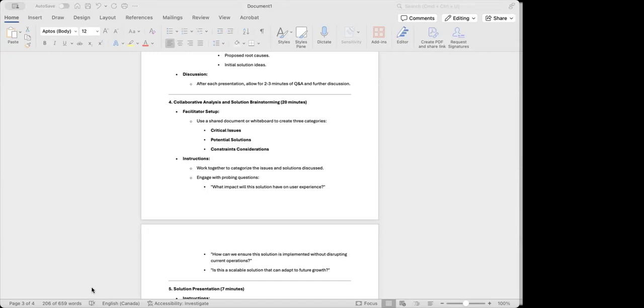And I think we have the last issue, which is the ineffective user interface design. That means the user interface is not friendly, which does not allow the users to navigate the system well.